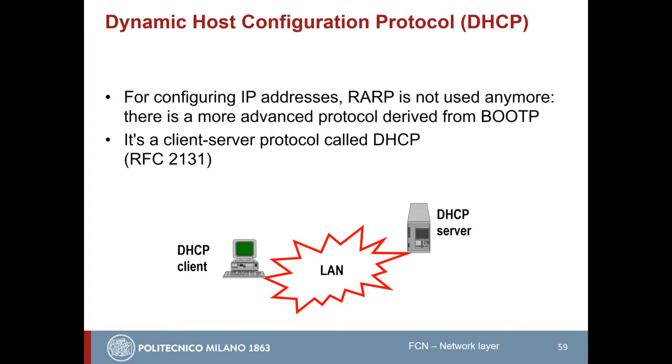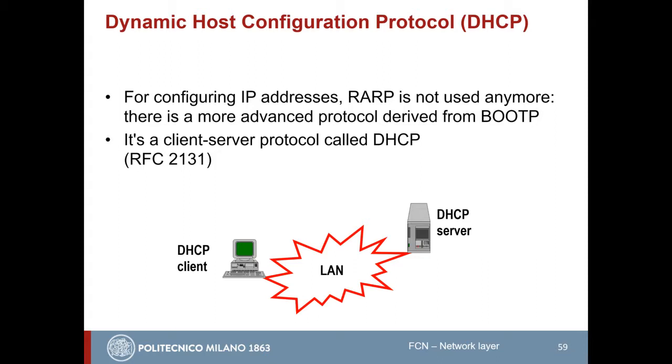So the DHCP protocol implies that there is a DHCP server in the network, and when the client interface becomes active, it starts to search for the DHCP server, and then they establish a connection.